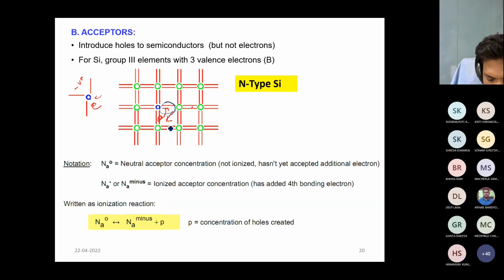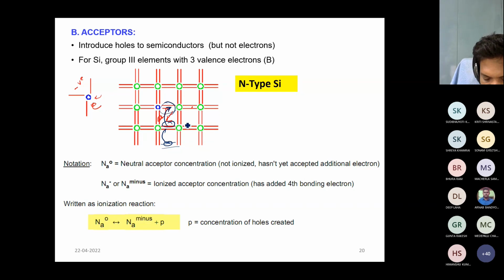If somehow a nearby covalent bond breaks, then an electron-hole pair will be generated, or it has the tendency to accept an electron from another covalent bond. So as a result, whenever these electrons jump from here to here, then the covalent bond will be created here, and the vacant state will be created here. Similarly, if you consider here, there is another covalent bond, and the electron is coming from here, and here another vacant state is created.